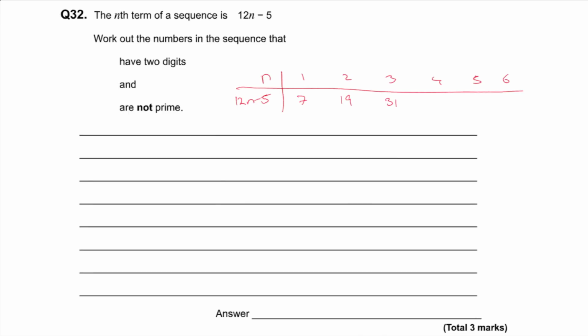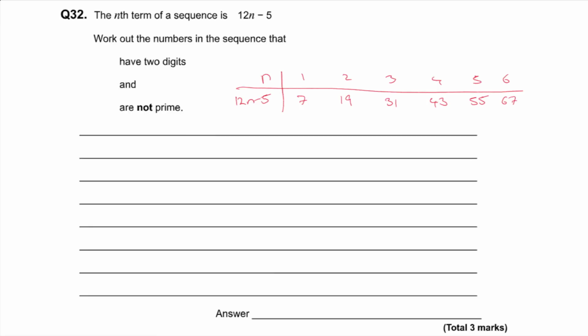When n is 4, 12 4s are 48, take away 5 is 43. And 5 12s are 60, take away 5 is 55. 6 12s are 72, take away 5 is 67.